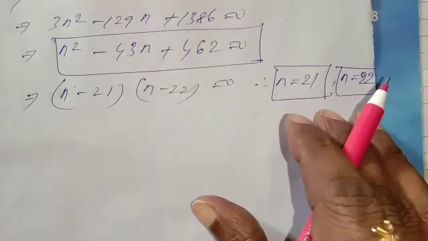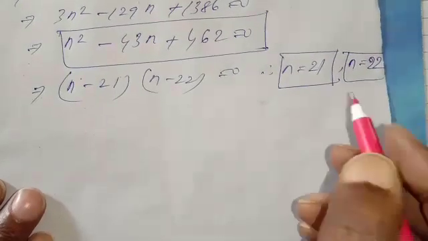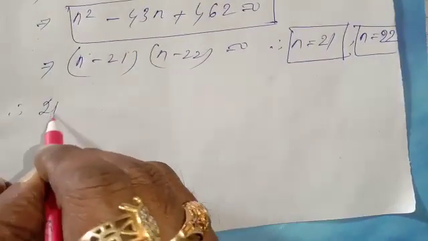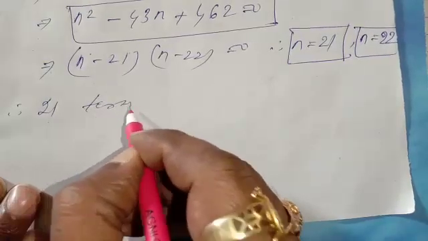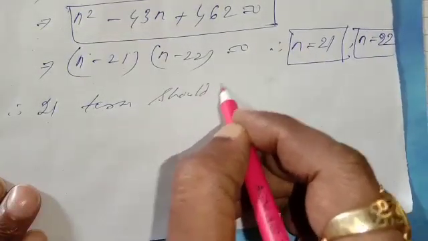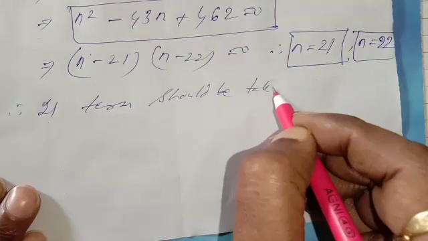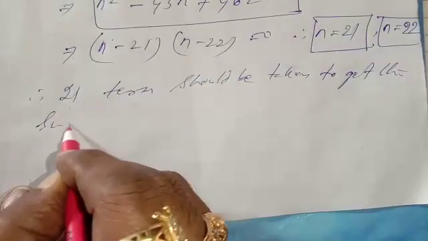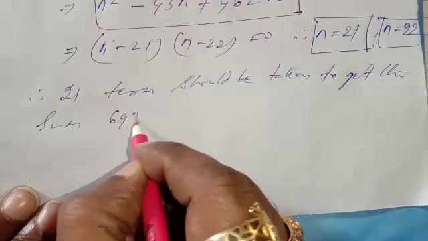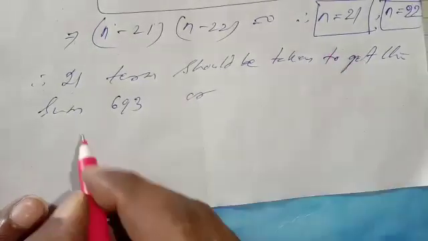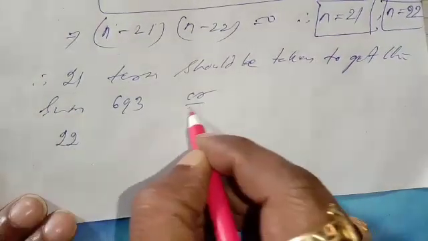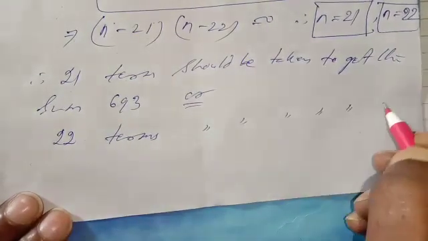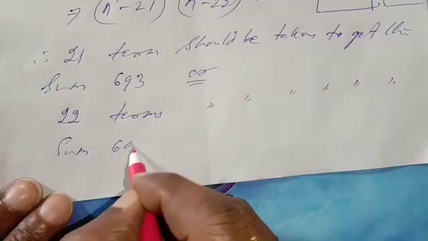So how many terms are required? 21 or 22. Therefore 21 terms should be taken to get the sum 693, or 22 terms should be taken to get the sum 693.